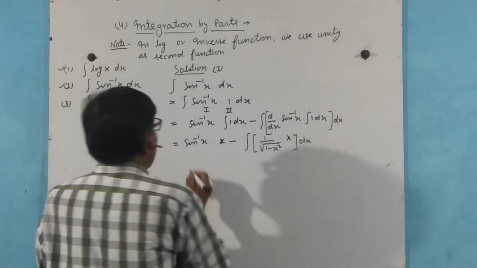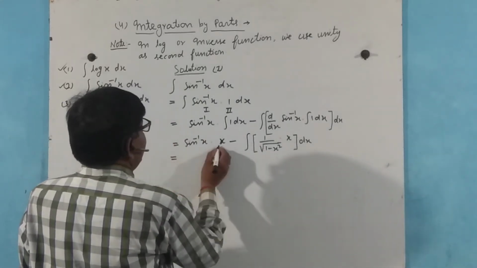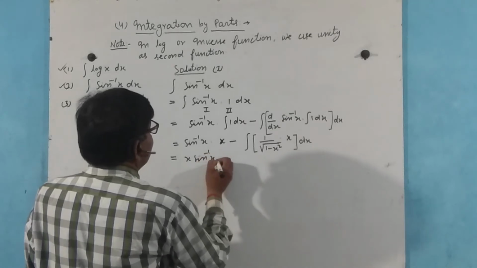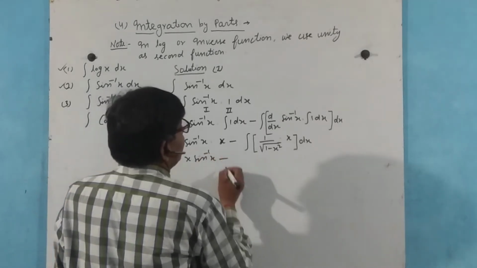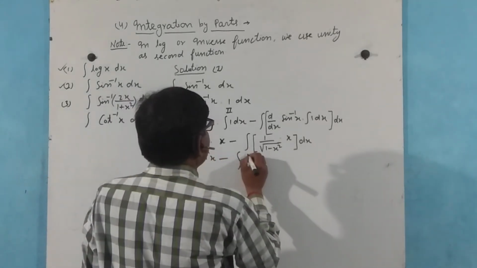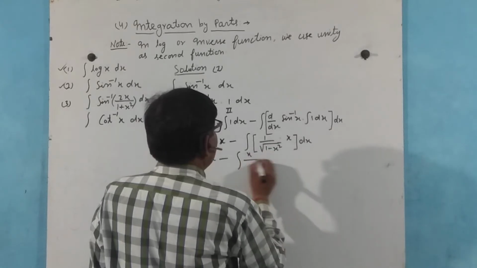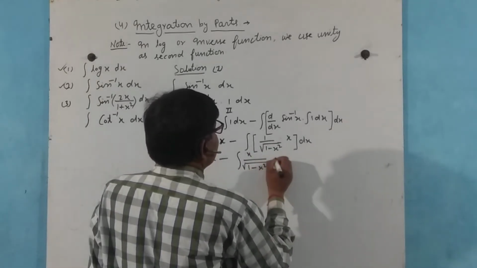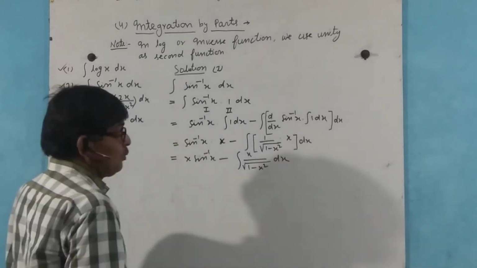Now x comes here: x sin inverse x minus integration of x by under root 1 minus x square dx.